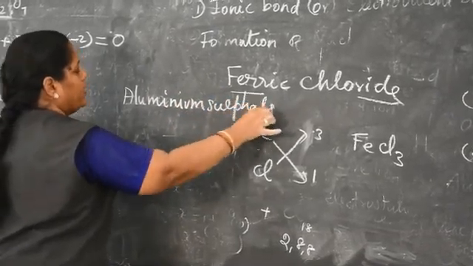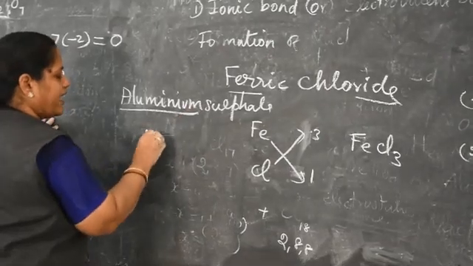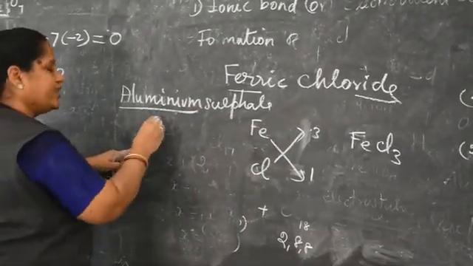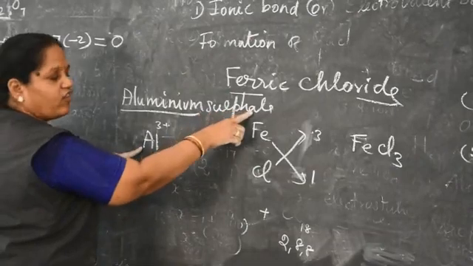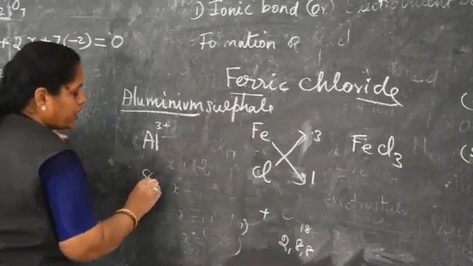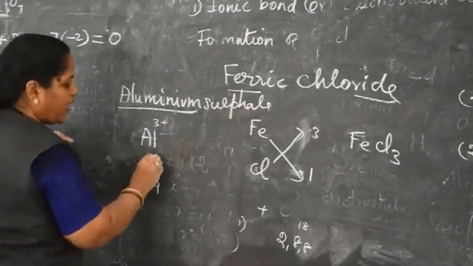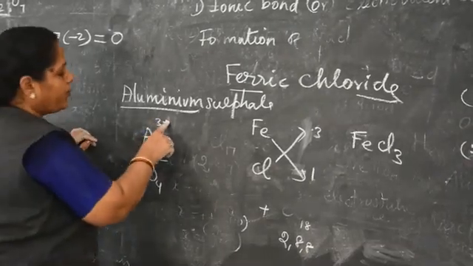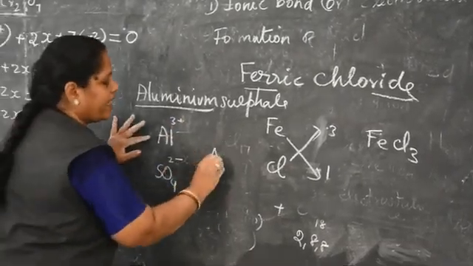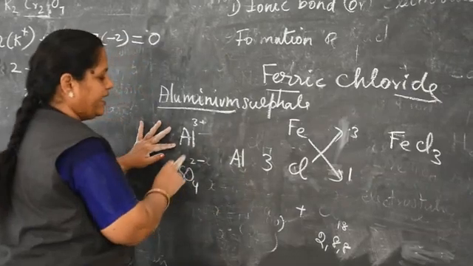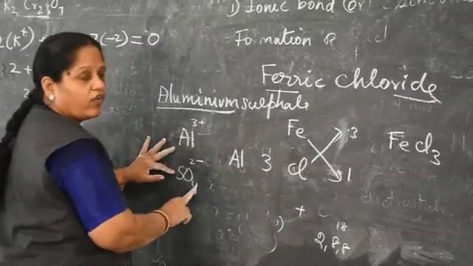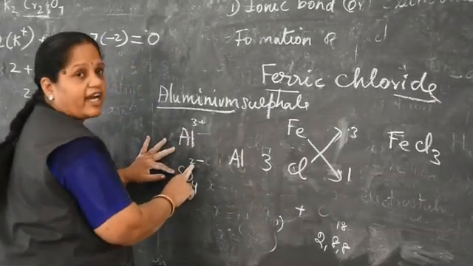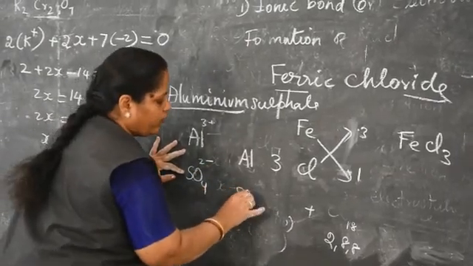Aluminium sulfate. I write aluminium sulfate. What is the symbol for aluminium? Al. Its charge is what? 3+. And sulfate is a compound ion, SO4. What is its charge? 2-. You omit plus and minus charges. Al with 3, SO4, the sulfate ion, with charge 2-.